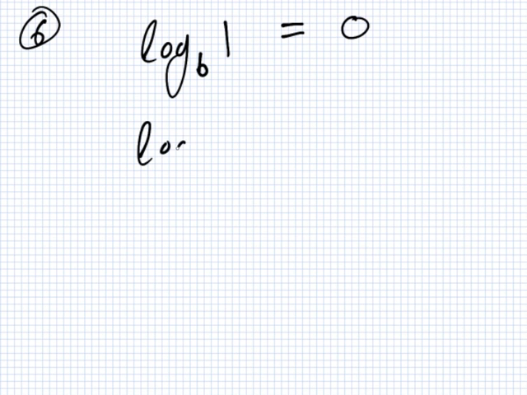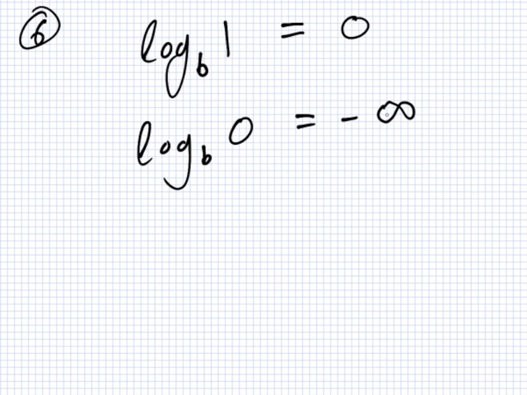Also, log base b of 0, what do you think? In fact, no answer here. There's no power you can put on the b to make this 0. So for example, if you had log base 9 of 0, there's no power you can put on the 9 to make 0. Although I suppose if you really wanted a value, it kind of goes like this, negative infinity.